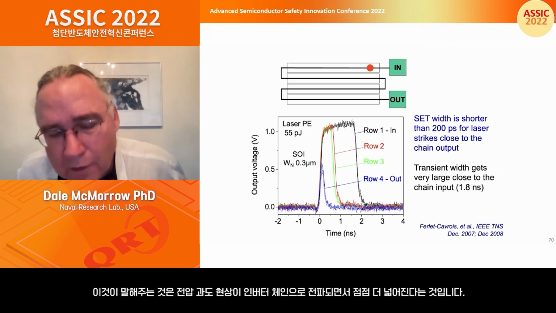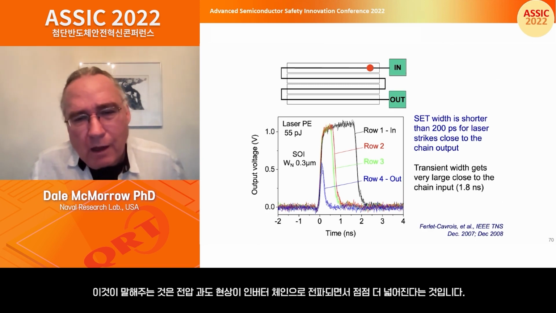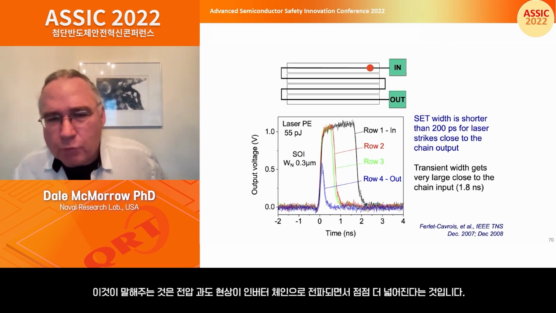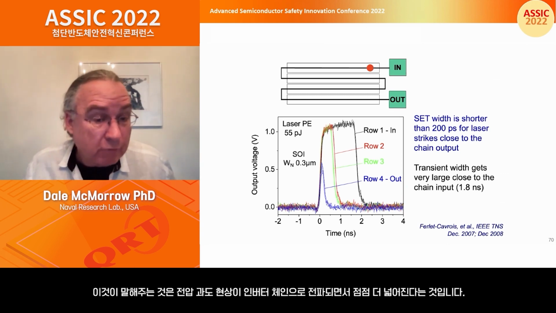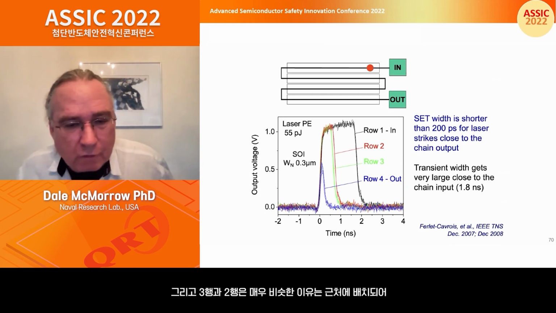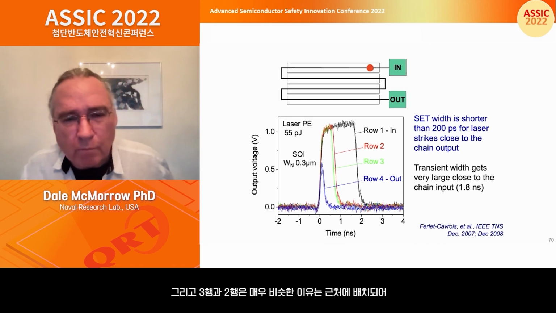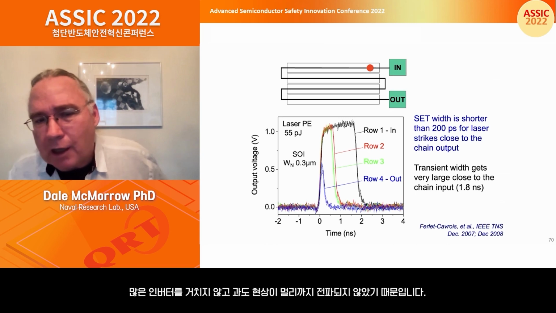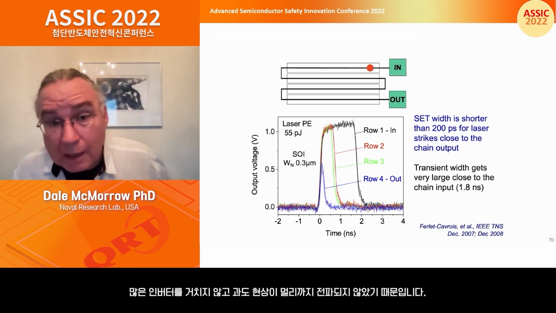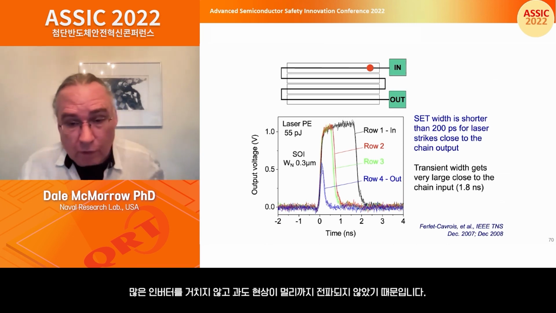What this told us was that the transient gets broader as it propagates down the inverter chain. The reason rows 3 and 2 are so similar is because the transient is not propagating very far. It's just around that little bend, so it's not going through a lot of inverters.